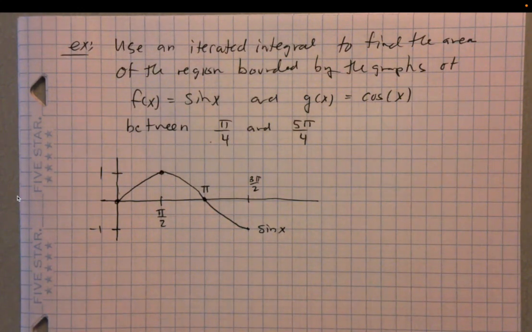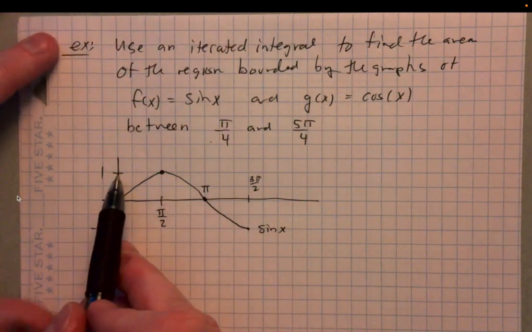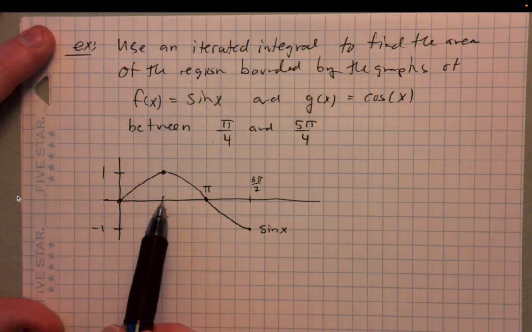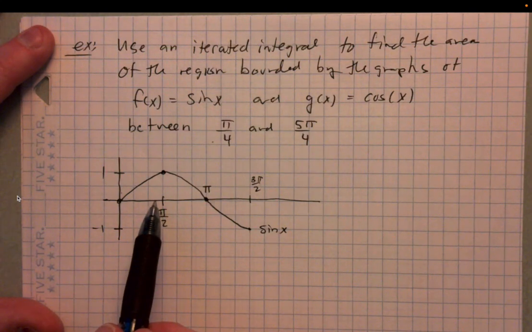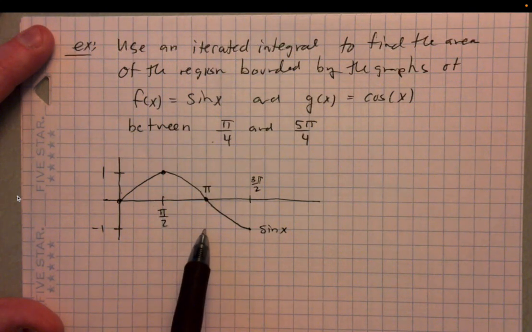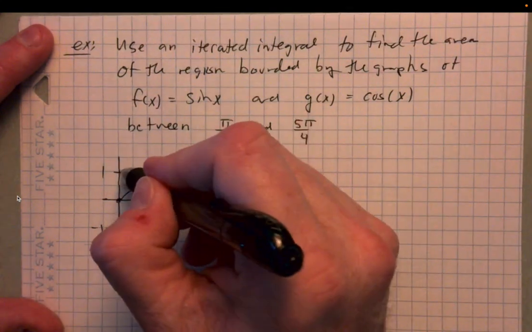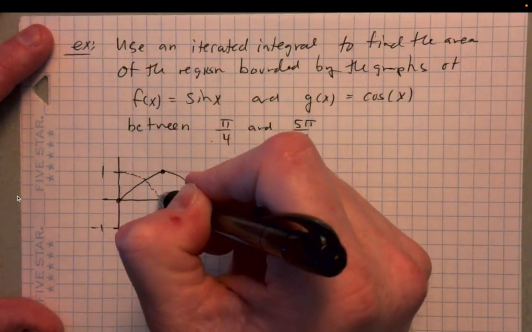Now the cosine of x, if you remember from your trigonometry, is going to start at 1, and it's going to go down and hit a minimum at pi, so it's going to be a minimum over here at -1. So it starts up here, and I'll do this in dashed lines so you can tell the difference between them.